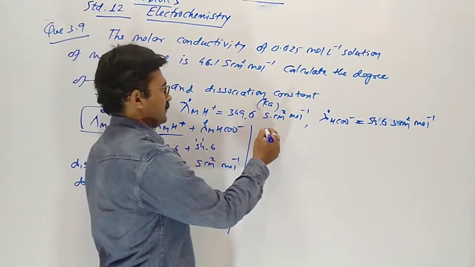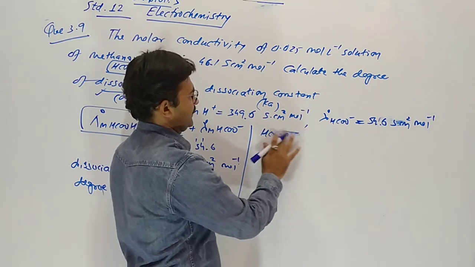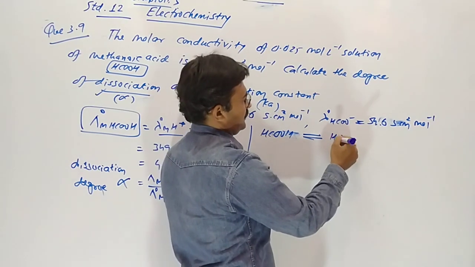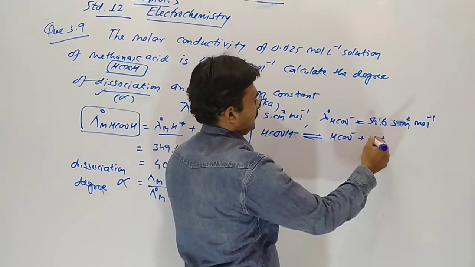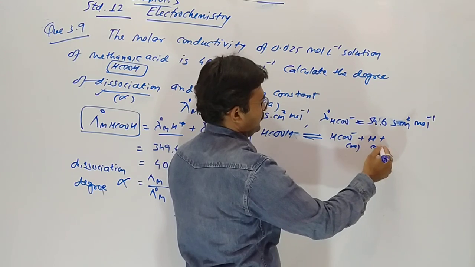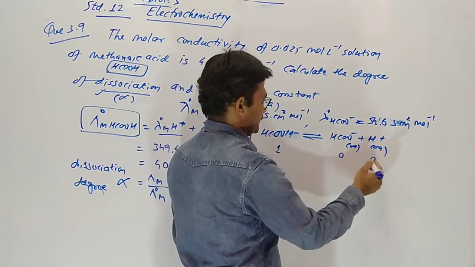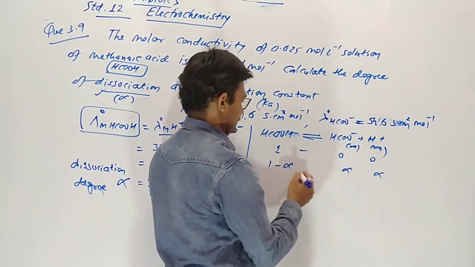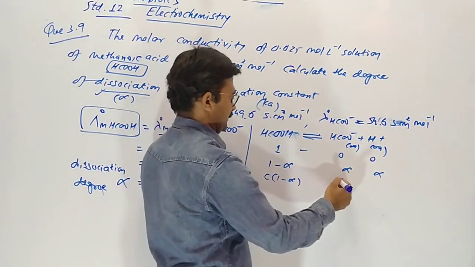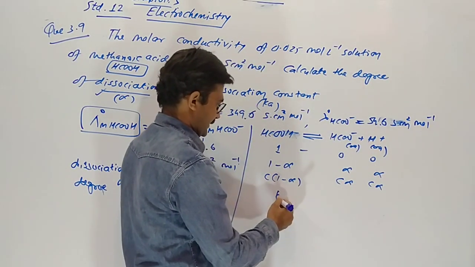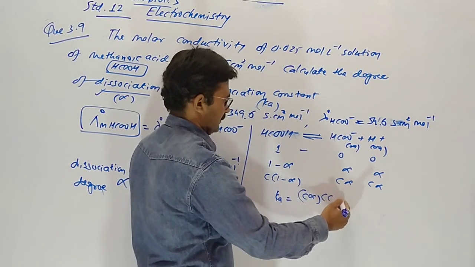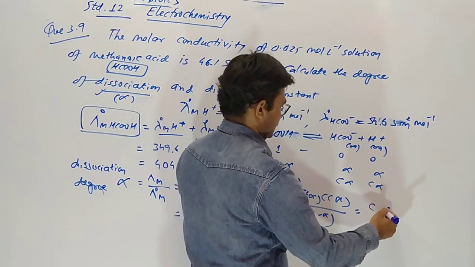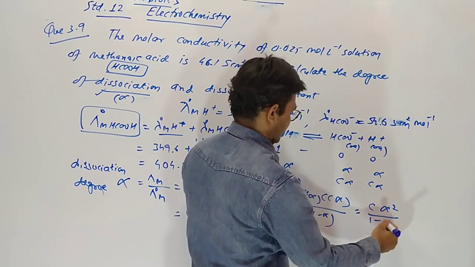Now, formic acid is a weak acid, meaning a weak electrolyte. Very little ionization occurs. Initially C, 0, 0; at equilibrium C into 1 minus alpha, C alpha, C alpha. So Ka will be C alpha square upon C into 1 minus alpha. C cancels, so Ka is C alpha square upon 1 minus alpha.